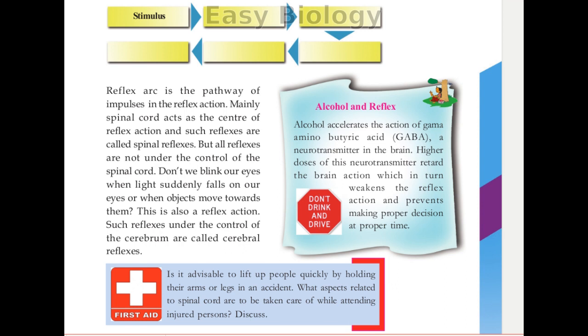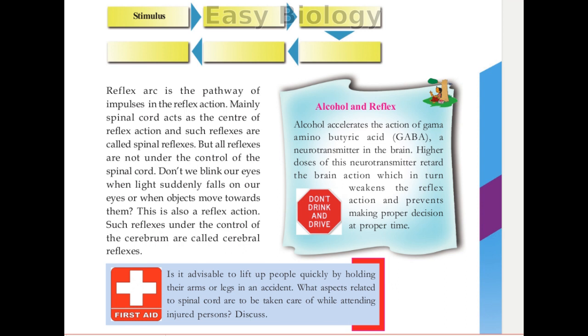The center of reflex action is the spinal cord, and such reflexes are called spinal reflexes. But some reflexes are under the control of the cerebrum. They are known as cerebral reflexes. So there are two types of reflexes: cerebral reflexes and spinal reflexes.